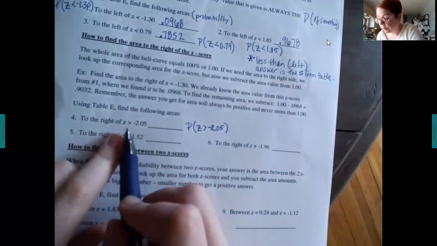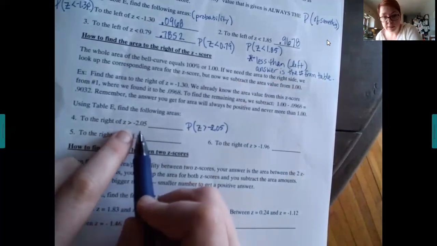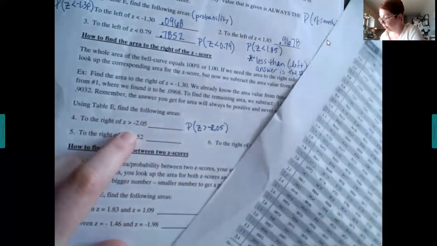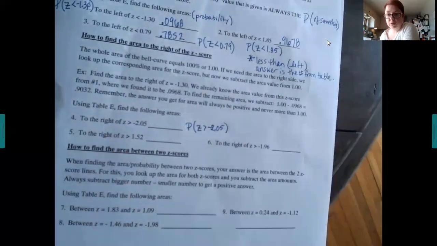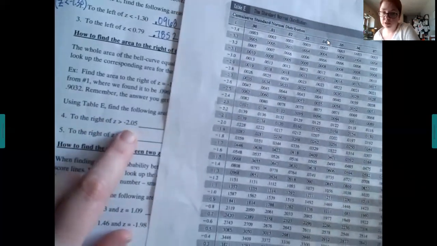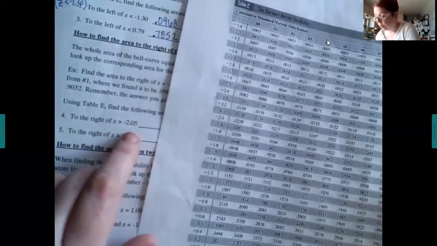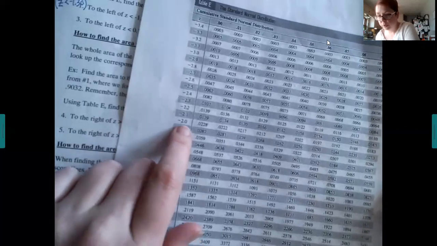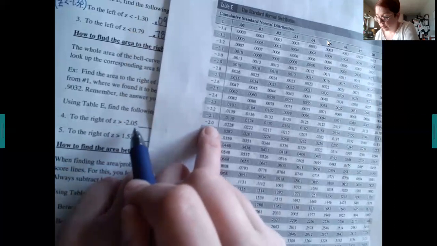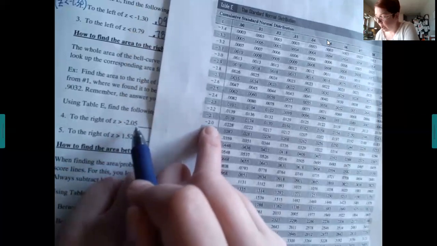So the first thing is we always look up the z-score it tells us. So it's telling us, in this case, negative 2.05. So we make sure we're on the negative side. And careful, it's not 2.50, it's 2.05. So our first two numbers is negative 2.0. And then our last number is 5.